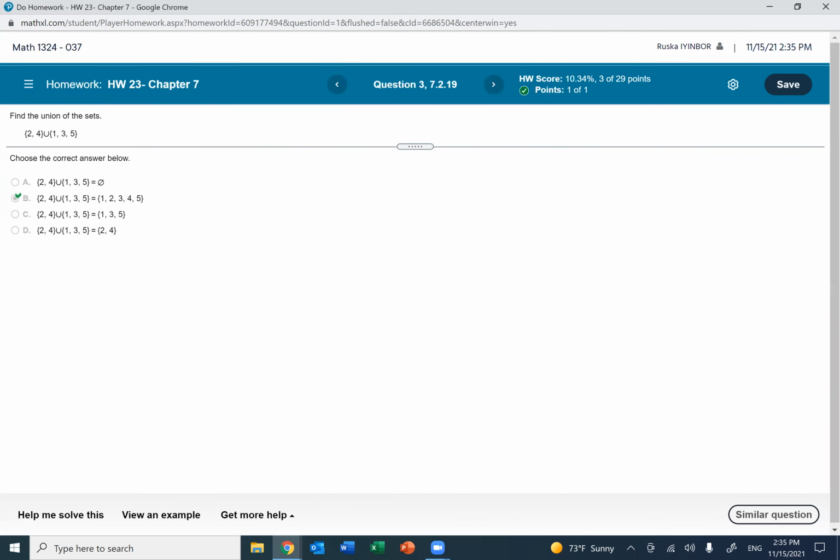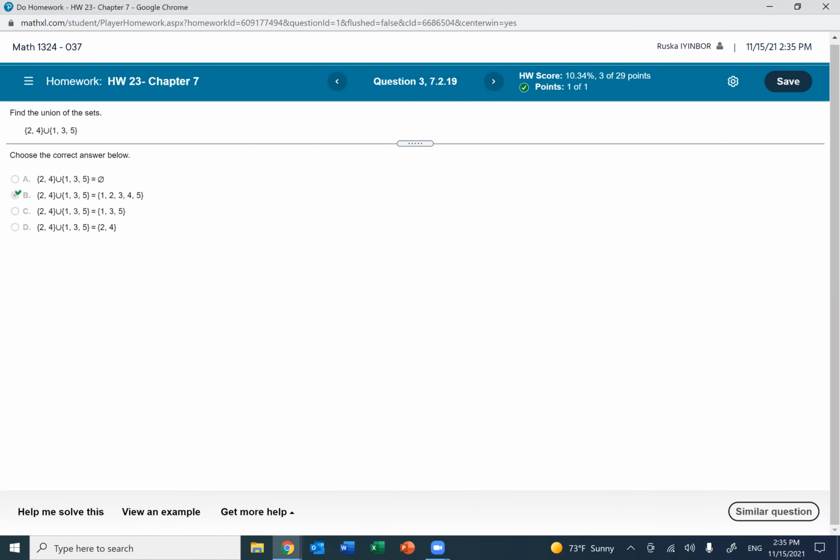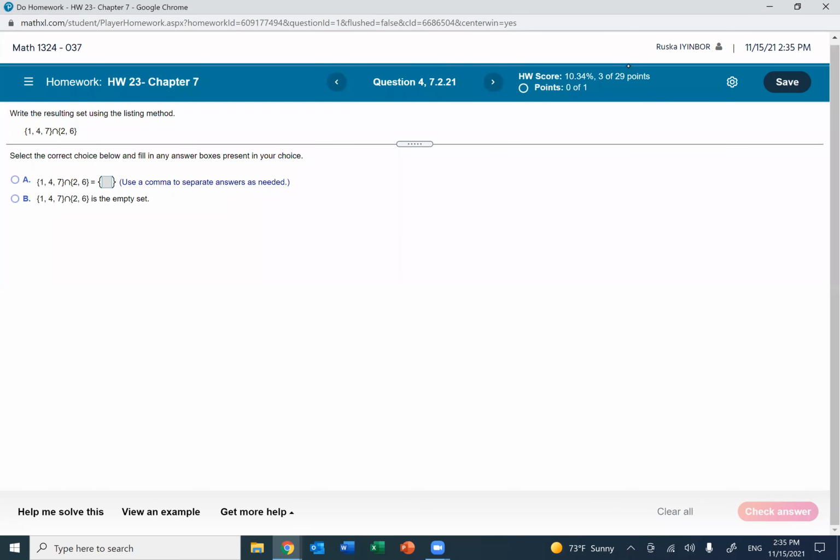Okay, then going to the next one. Okay, we got that. We're going to the next one. Number 4. Here we have the intersection again.